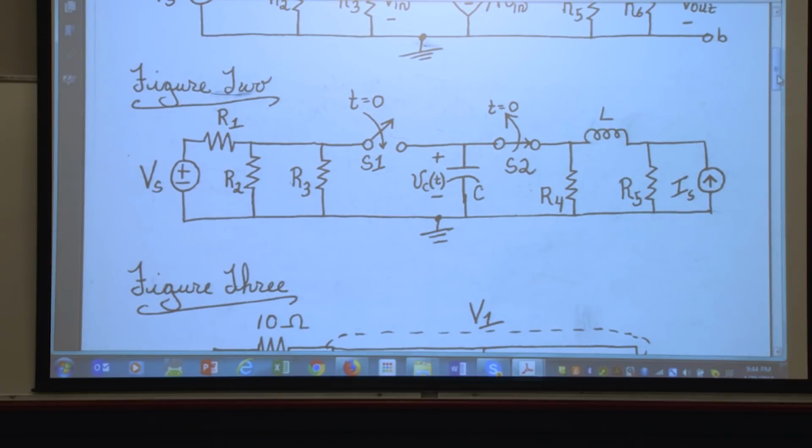All right, I think you're pretty much set. So I see switches, and I see a capacitor, I see an inductor, voltage source, and a current source.